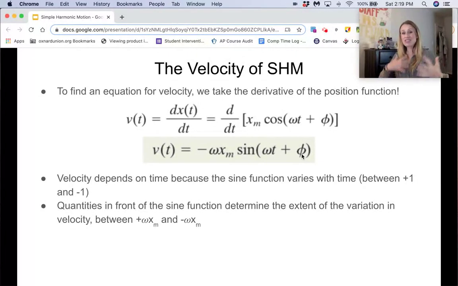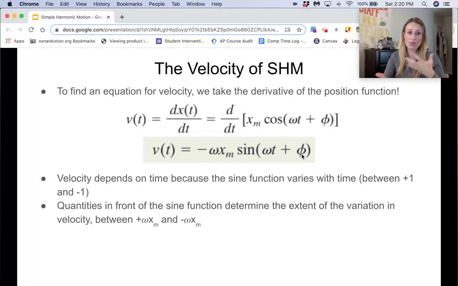Now, if we think of this in terms of rotational motion, and like I said, the Crash Course simple harmonic motion video does a really good job of this, x maximum can kind of be thought of as a radius, like the amplitude from the equilibrium position. So if we think of that as a radius, we can see that we are actually relating our linear velocity with our angular velocity here. So we know linear velocity is angular velocity times radius.